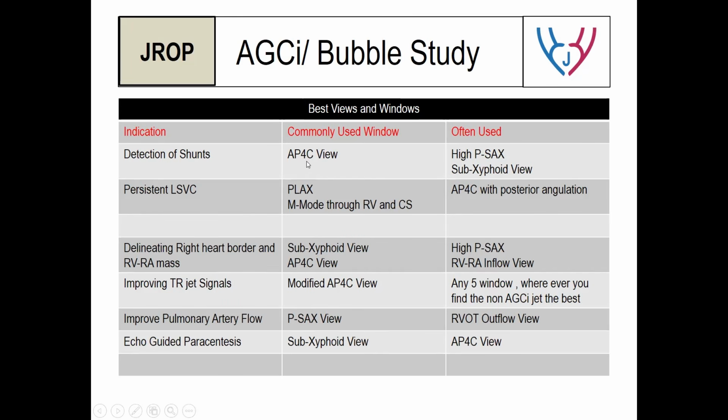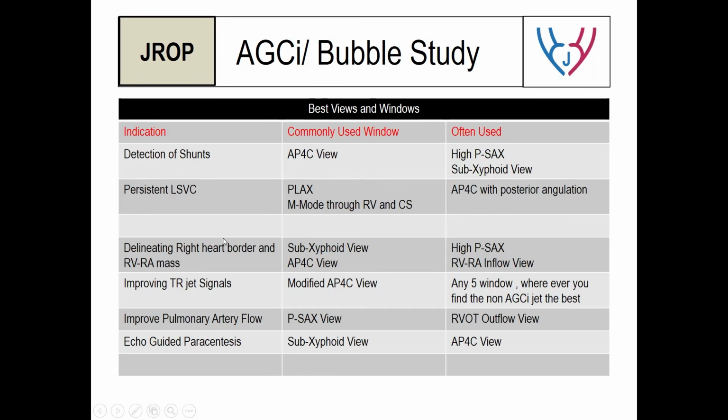If you are looking for detection of shunt, commonly we use the apical four-chamber view, and other windows often used are PSAX and subxiphoid. Similarly, for a persistent left-sided superior vena cava, we use the subcostal, or the most important thing is just look at the apex and put an M-mode across this. What will happen? It will cut across the RV as well as the coronary sinus.